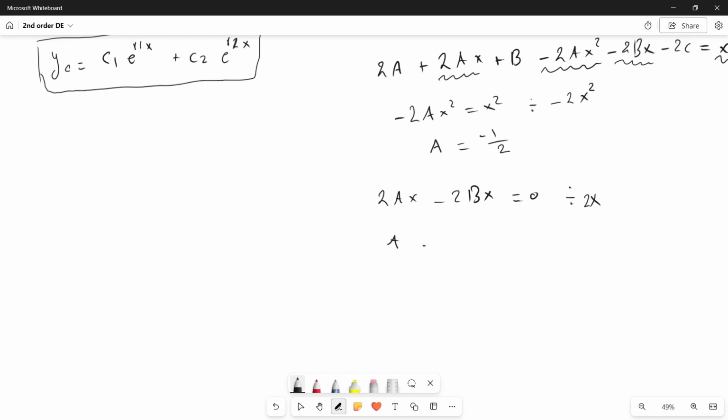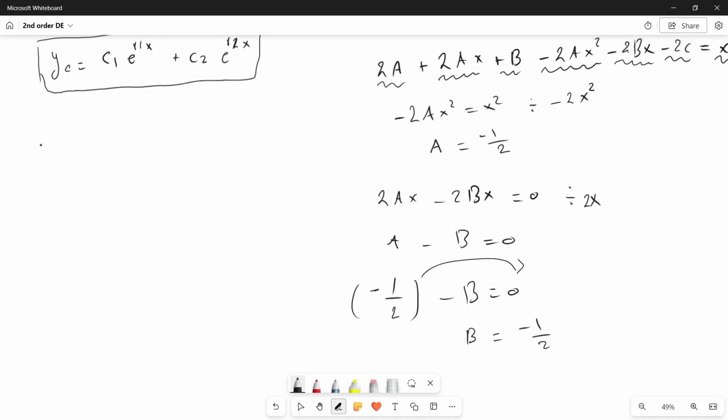We get a minus b is equal to 0, and we have negative half minus b is equal to 0. We move the half to the other side, and b is equal to negative half.